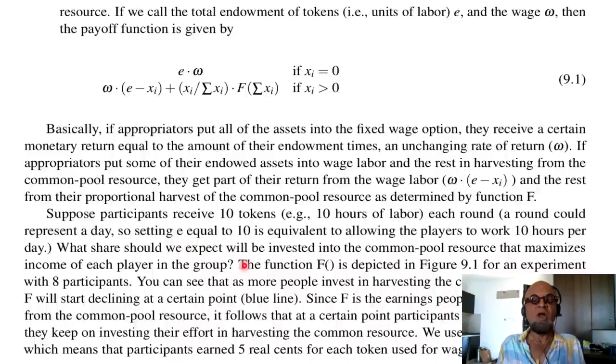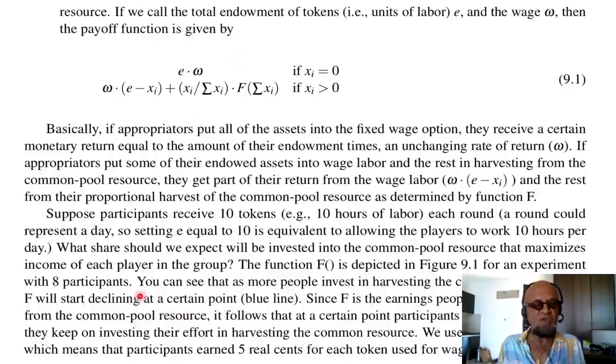How do you know a priori what share of common pool resource harvesting will maximize the overall payoff? The function f here is depicted in the next figure. We'll look at it when we come back.